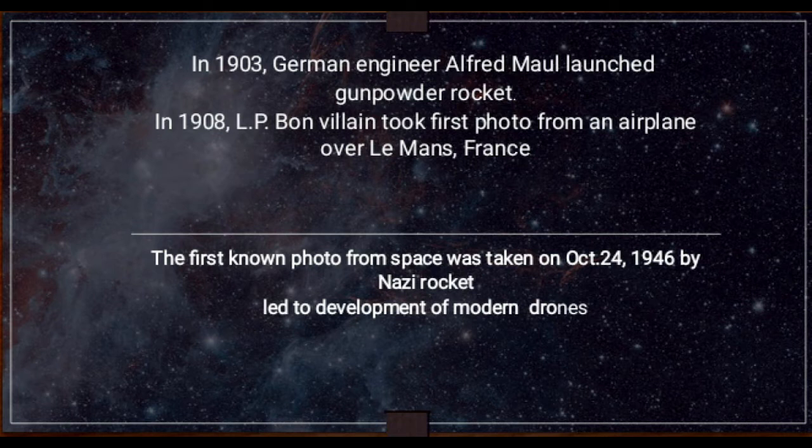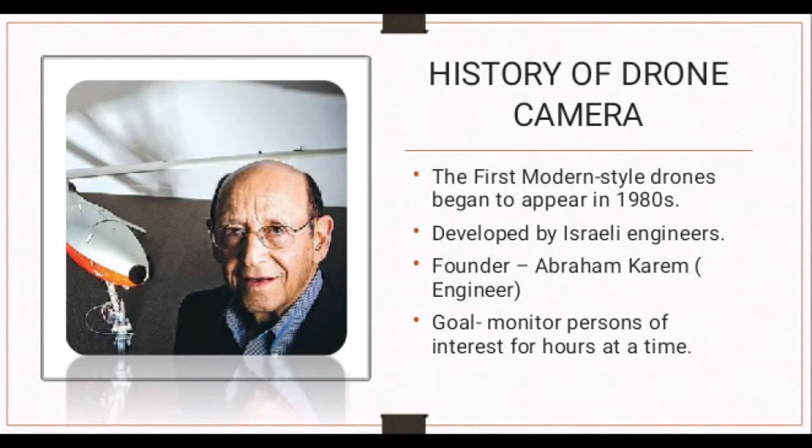In the same year, German scientist Bonvillain took the first photo from an aeroplane over Le Mans in France in 1908, but the actual success was achieved in 1946 when the first photo from space was taken by a Nazi rocket, which led to the development of modern drones. This ultimately led to the development of modern-day drones.